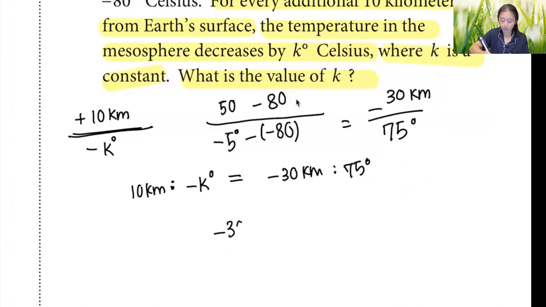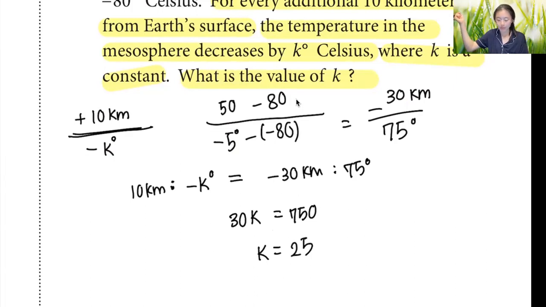So from here, we can construct negative 300 kilometers equals, oh, no, sorry, my bad. You have to go from the inside. So that's going to be 30K equals 750. Okay. And K equals 750 over 30, which is going to be 25.